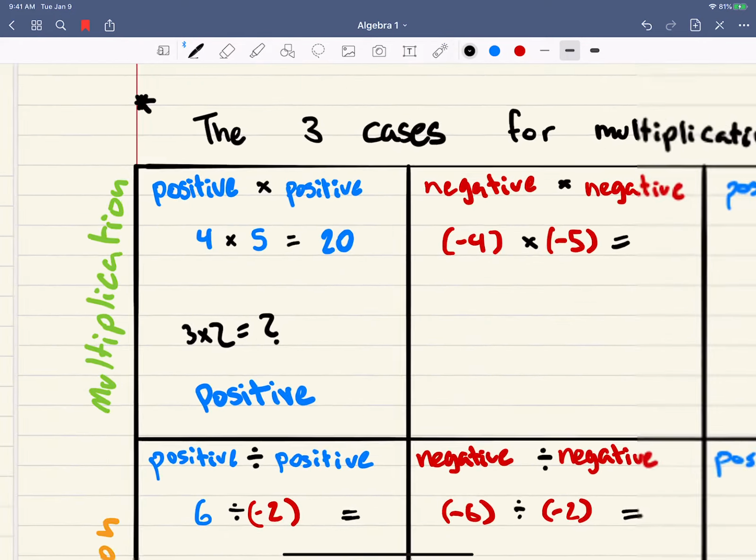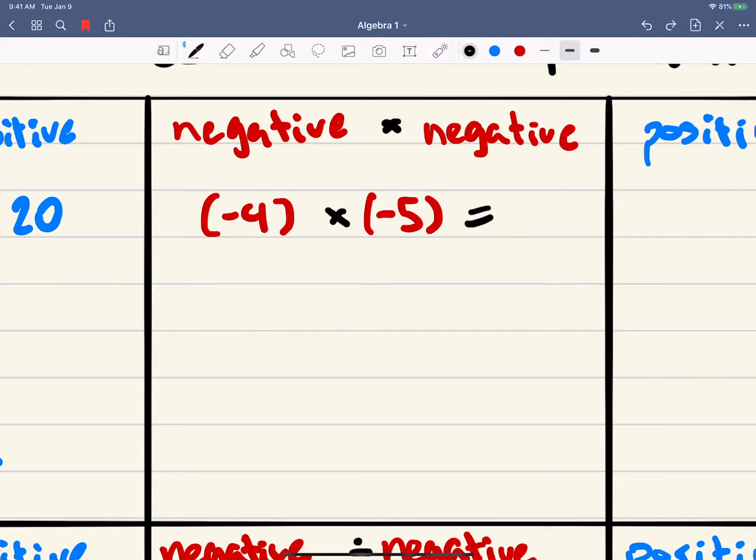Now there's our second case. What happens when we multiply a negative number times a negative? There's a rule here. It's called a double negative. First, I just want you to know that negative times negative is actually going to equal a positive.